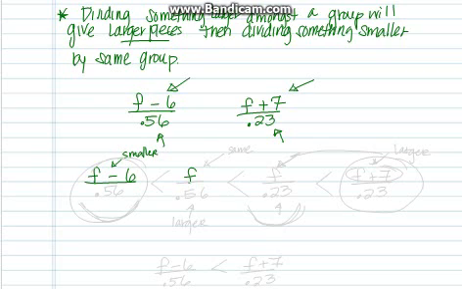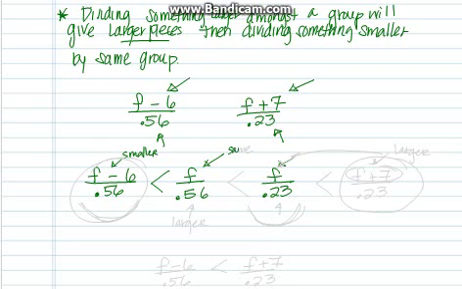So if I'm going to divide both of these by the 56 hundredths, I know that this f minus 6 over 56 hundredths will be smaller than f over 56 hundredths. But then I can try and compare this with f over 23 hundredths. So I'm trying to keep the numerators the same so I can see a clearer picture of what's going on.